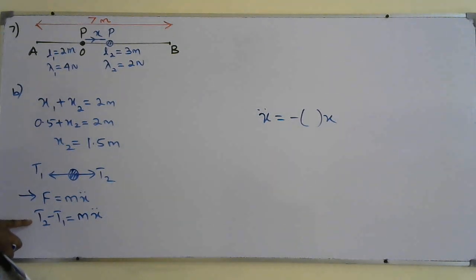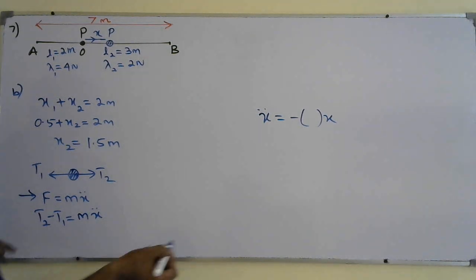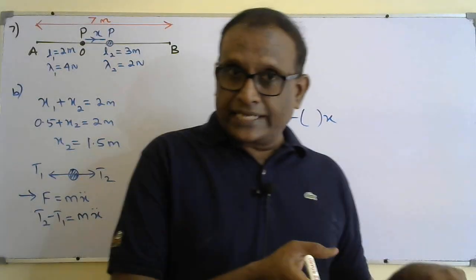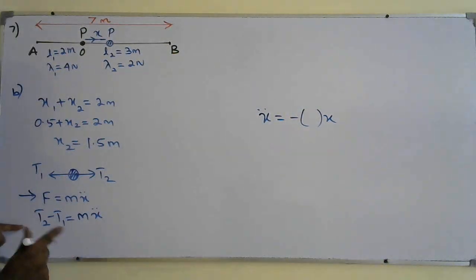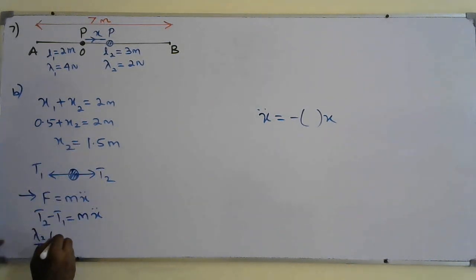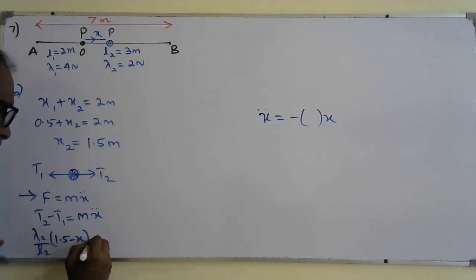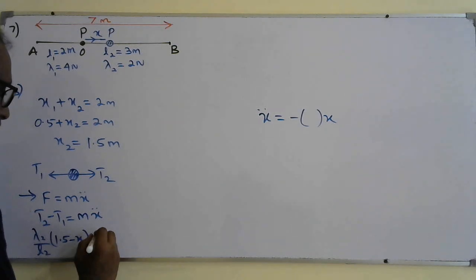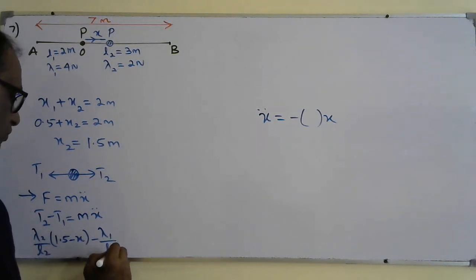Okay, so what is T2? T2 is equal to lambda over L into extension, so lambda 2 over L2. Now the extension, earlier x2 is equal to 1.5, now it's decreased by x, so 1.5 minus x, minus T1, lambda 1 over L1.